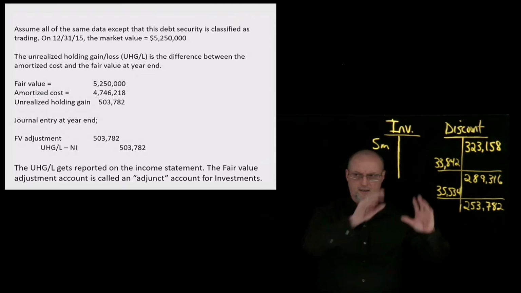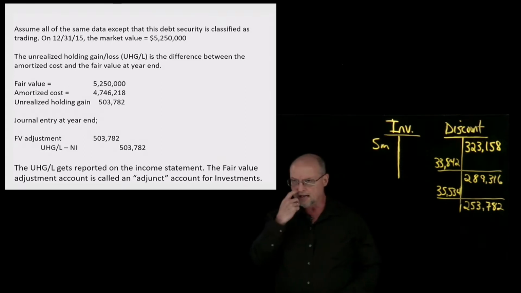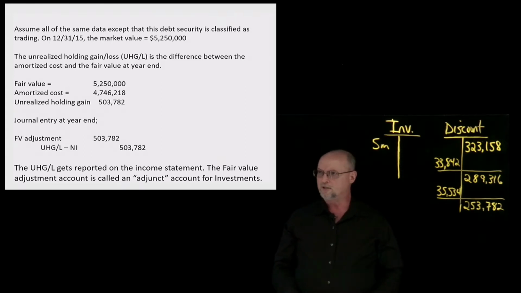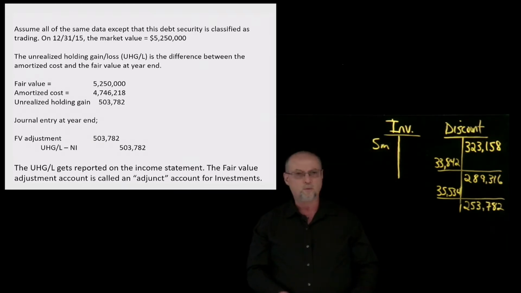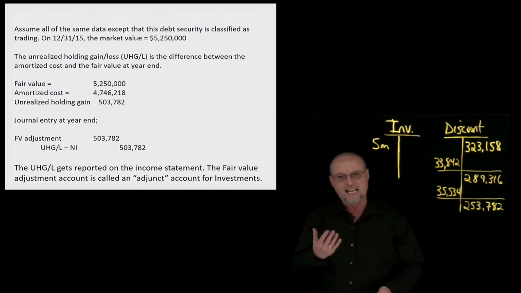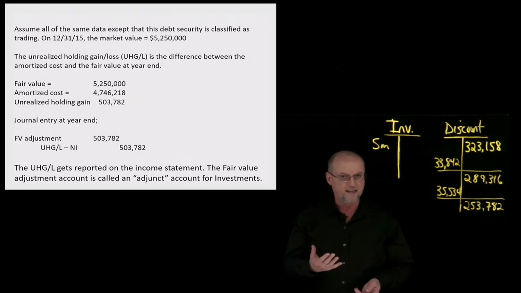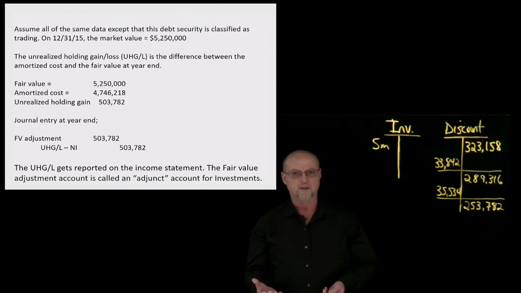I left up the investment account, the unamortized discount, and notice, same thing, market value at the end of the year is $5,250,000. The unrealized holding gain or loss, remember we haven't sold this investment yet. So we're sitting on a gain or a loss, the difference between the amortized cost and the market value.